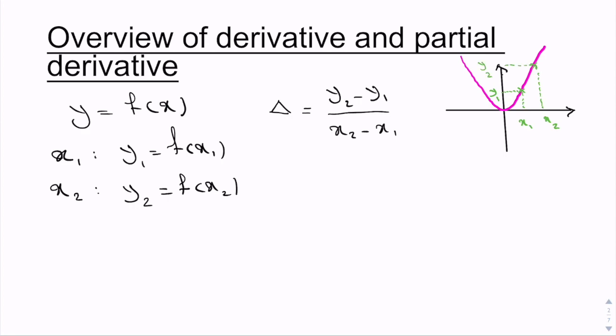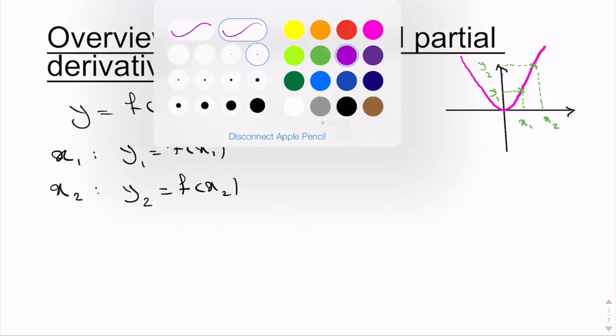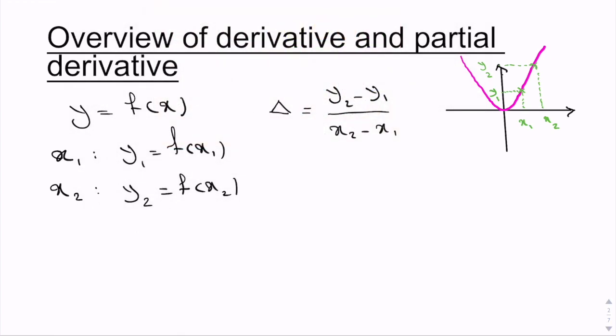Then the delta value basically indicates the slope of this line, which I show in another color, green. From here to here gives me the slope of this line.